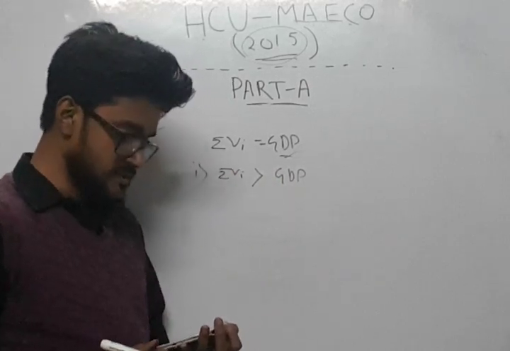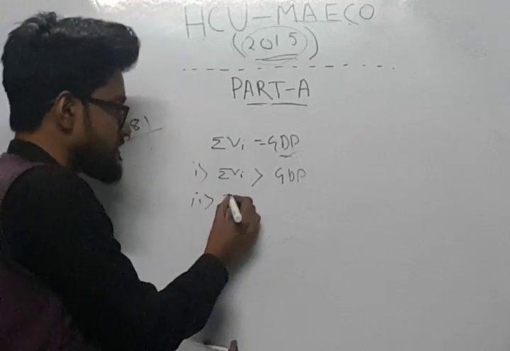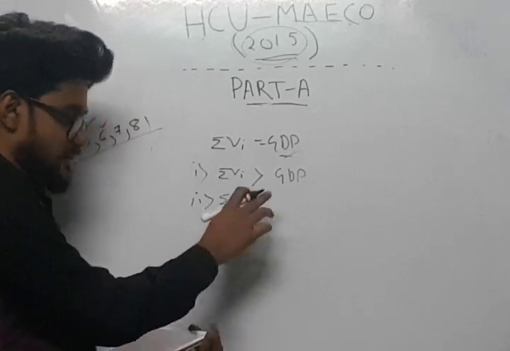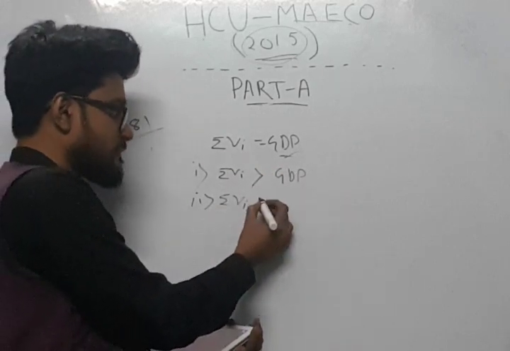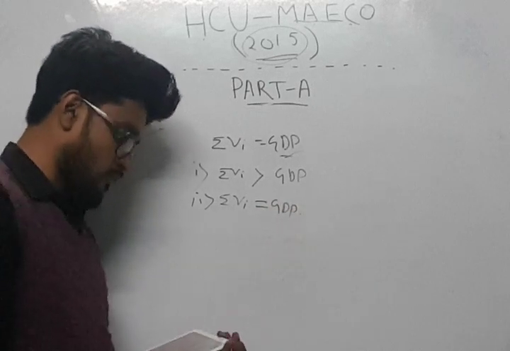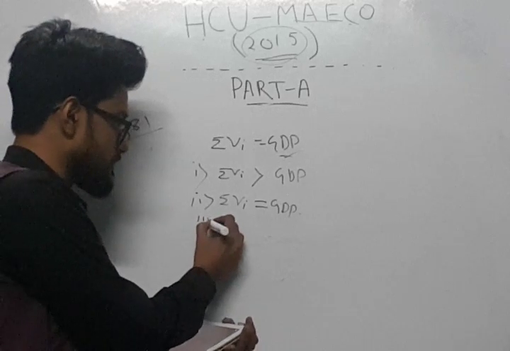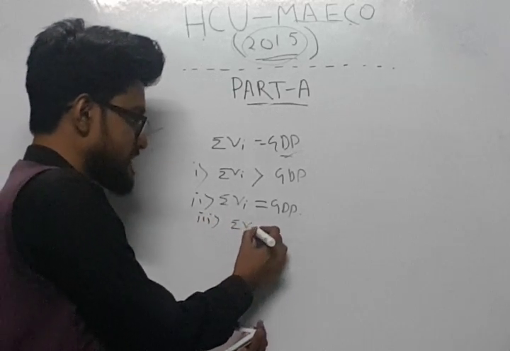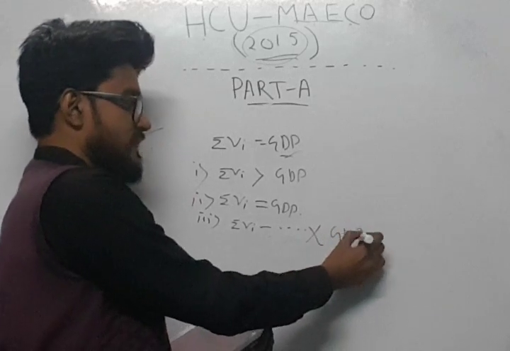The second option is whether it is equal to the value of final product, that is, whether the summation of VI, the value added at different stages, will be equal to GDP. The third is whether it will misinterpret the value of final output, whether it is insufficient to measure the value of GDP.